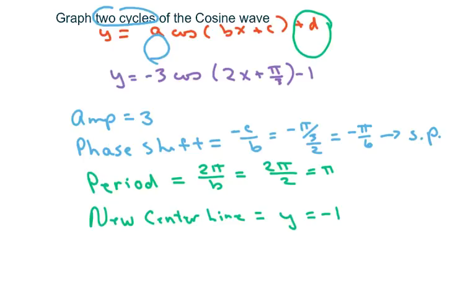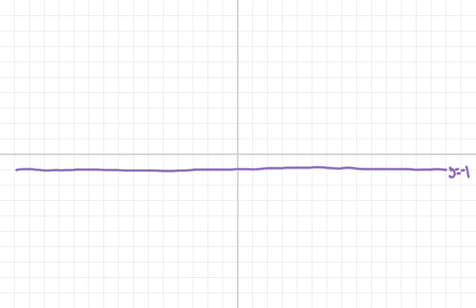Okay, so we're going to start graphing this using this information, so you probably need to write it down. The way I graph it is I first graph the new center line, which is at y equals negative 1. And then from here, my amplitude is 3.